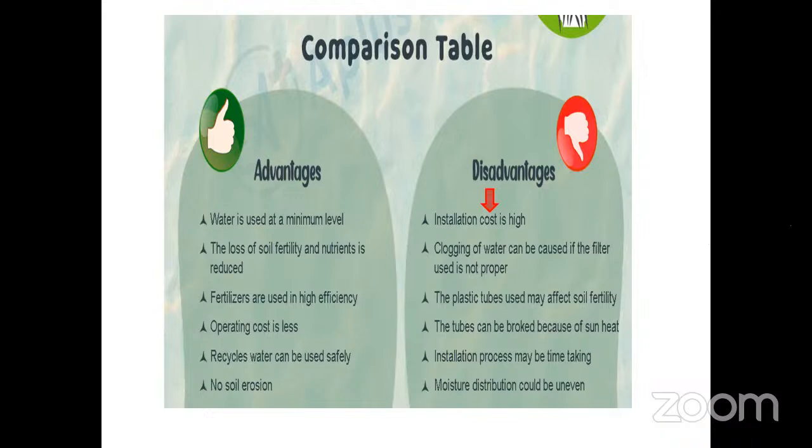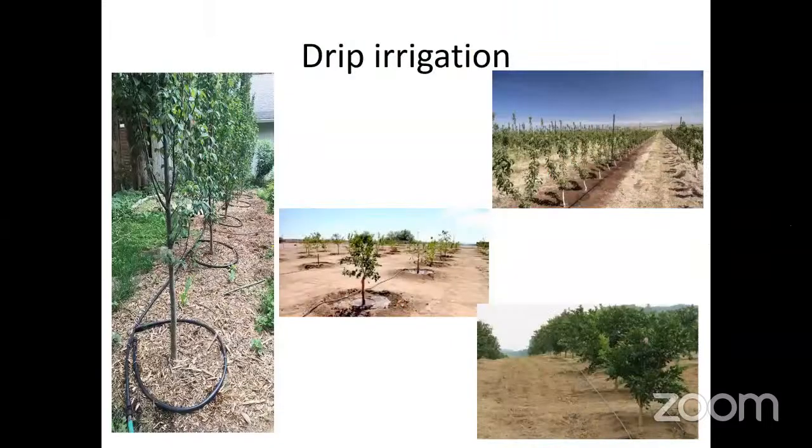There are also some advantages of using either a drip irrigation system or a sprinkler, and in particular with drip, you can fertilize through the drip irrigation system. You can add your fertilizer through what's called fertigation.